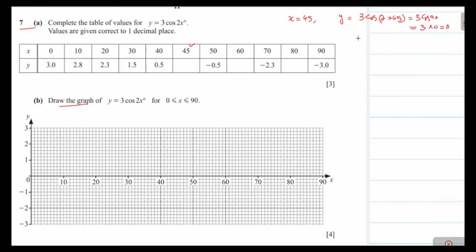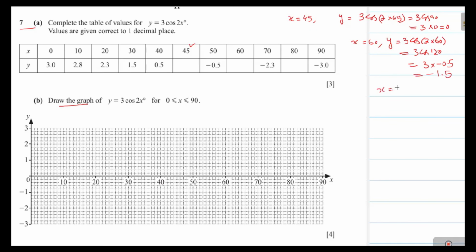Next, when x equals 60 degrees, then y will be equal to 3 into cos of 2 into 60. And this will be equal to 3 cos 120. And this value will be equal to 3 multiplied by the value of cos 120, which is minus 0.5. Therefore, this value becomes minus 3 into 0.5, it becomes minus 1.5.